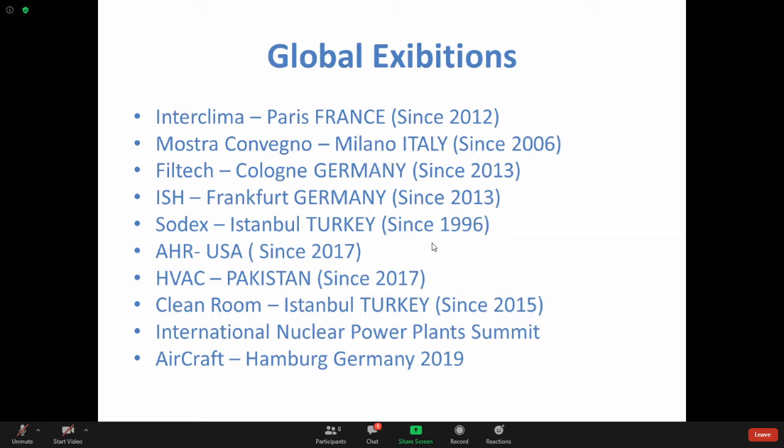What else? Carbon filter granules or media, we buy from Germany. These raw materials are connected with some suppliers. I mean, all the suppliers are from Europe.